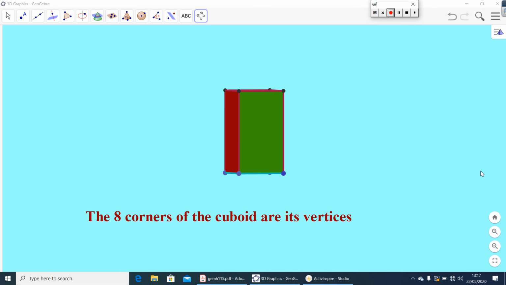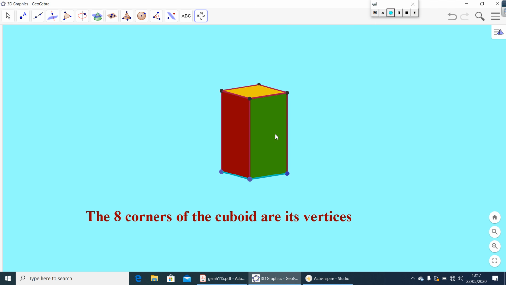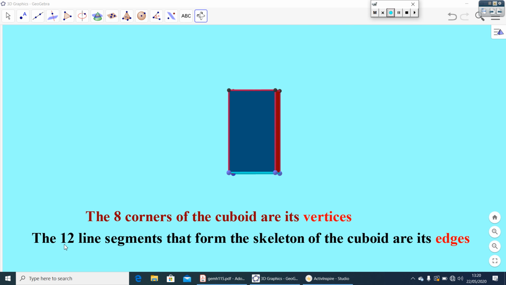And the bottom again 1, 2, 3, 4. That means a total of 12 line segments are used to make this cuboid. So these line segments we can call edges. So we can write the 12 line segments that form the skeleton of the cuboid are its edges. So here 8 vertices, 12 edges.